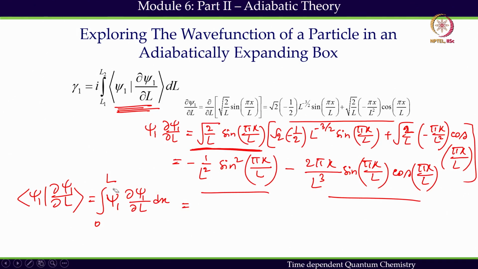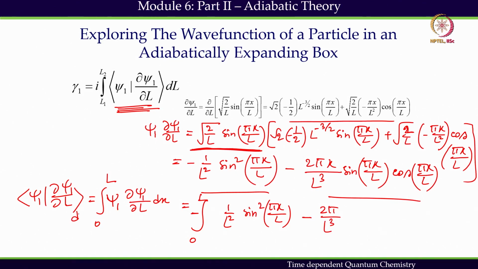They do not have the complex conjugate because they are real. So what I have to do now is integrate this entire thing from 0 to L. Minus 1 by L square sine square pi x by L is one term. Then another term is going to be 2 pi by L cube.